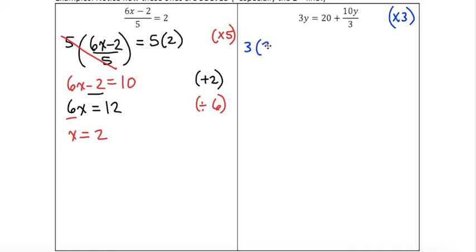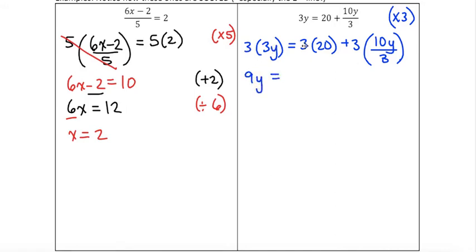I'm multiplying 3 by 3y, I'm multiplying 3 by 20, and I'm multiplying 3 by 10y over 3. 3 times 3y is 9y. 3 times 20 is 60, and those 3s cancel each other out in this last term, so I'm just left with 10y.